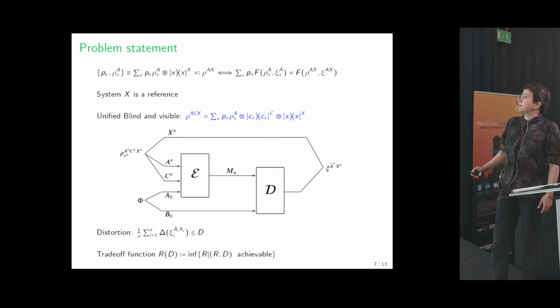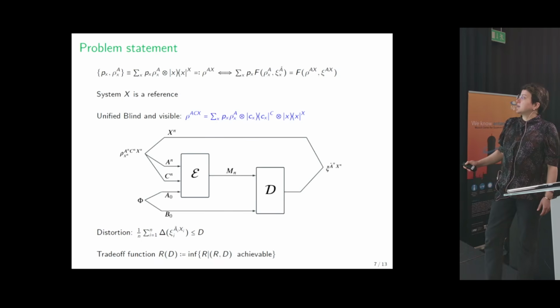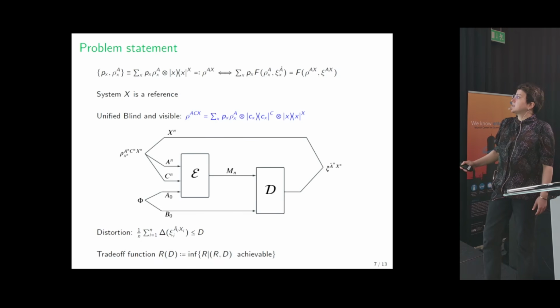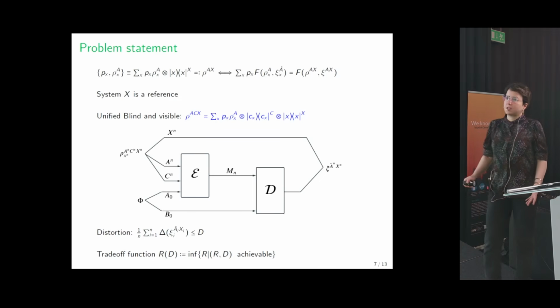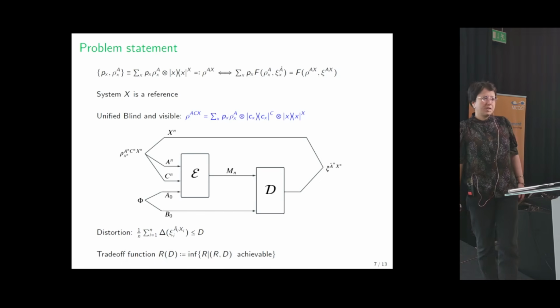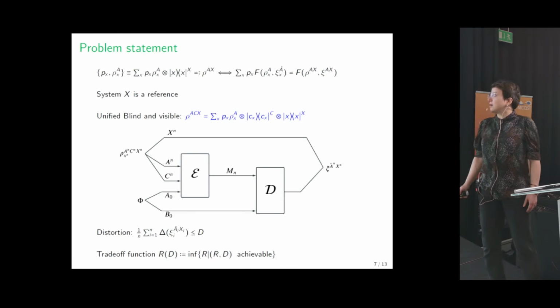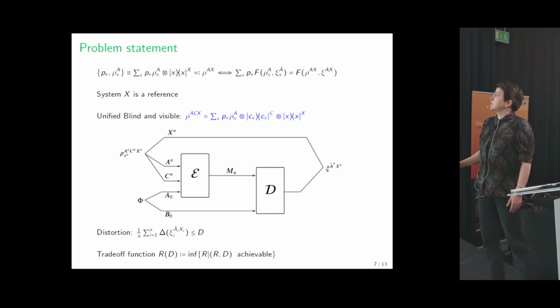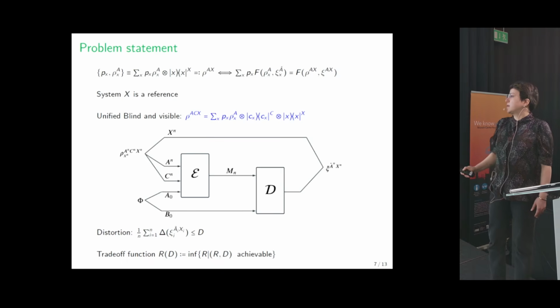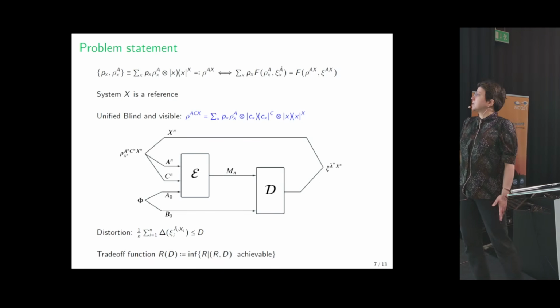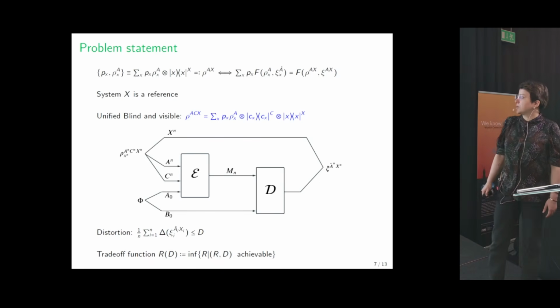If the decoder can see the index X, it is called the visible scenario, and if the side information system is just a trivial system, then it's going to be the blind compression scenario. So we are considering this general compression model, and this side information can be anything, but I explained two extreme cases, the blind and visible compression cases.